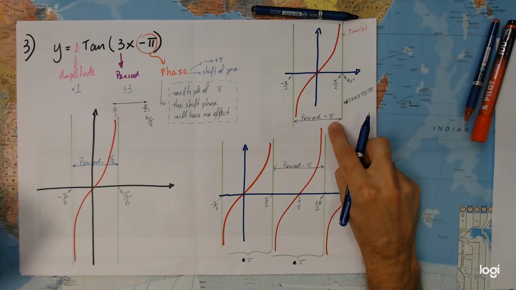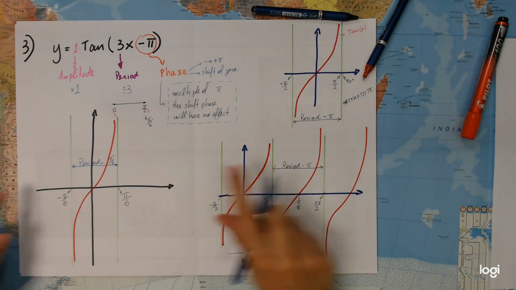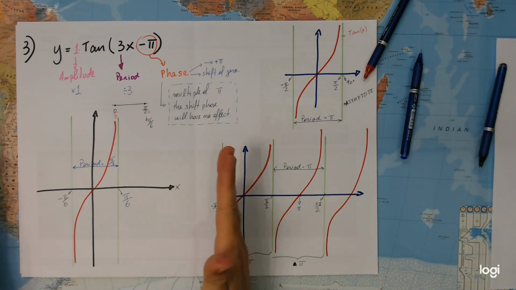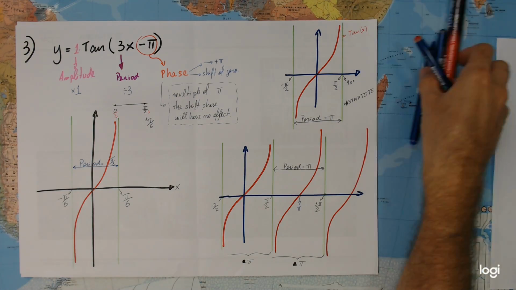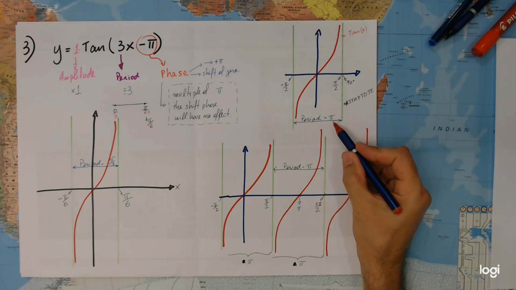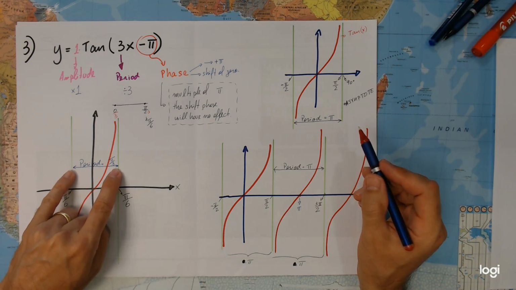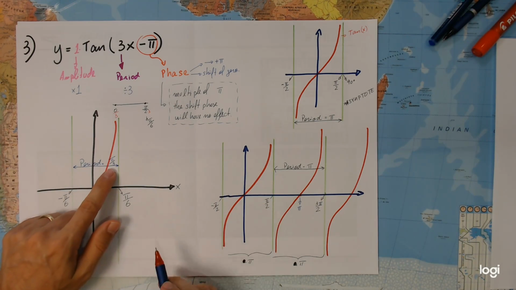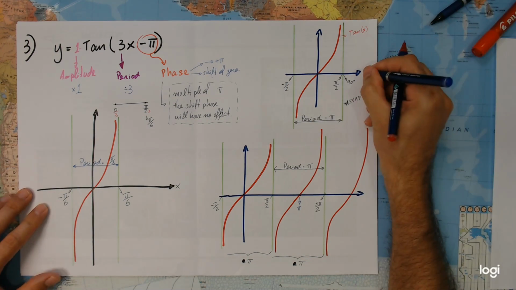Remember, this has period pi, and everything in the x direction is going to be reduced by 1/3, right? If initially we had a period of pi, it's perfectly understandable that now our period is also going to be reduced by 1/3. Everything on this x is going to be reduced by 1/3.